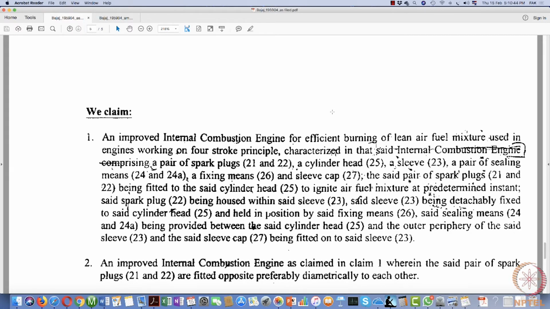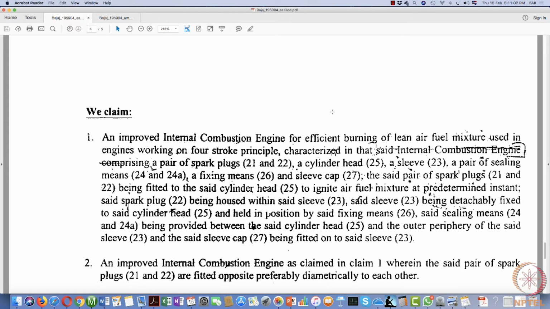Now, there is another clause, the said pair of spark plugs. Ideally, as we have seen, it should start with the wherein language. Wherein the said pair of spark plugs being fitted to the said cylinder to ignite air fuel mixture at predetermined instant.